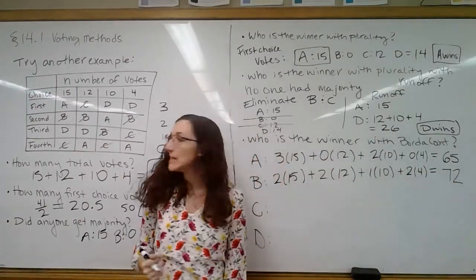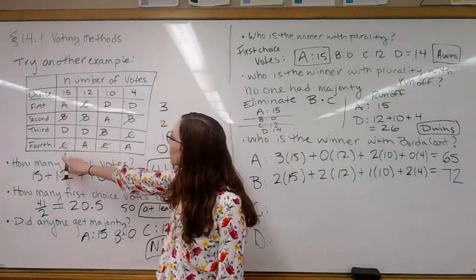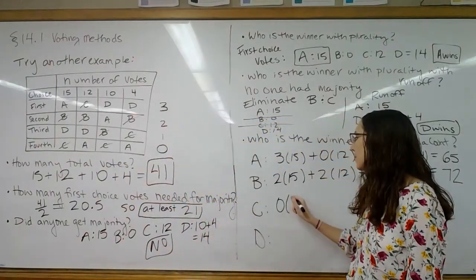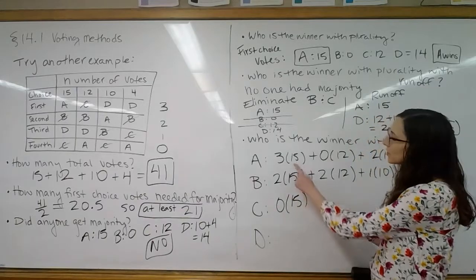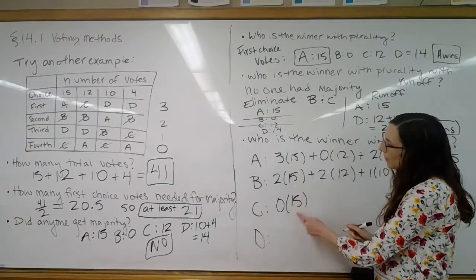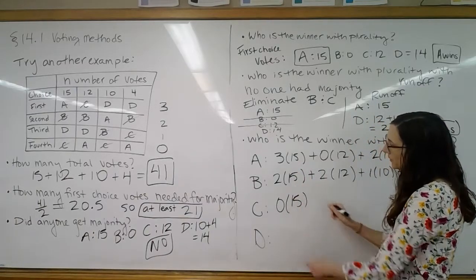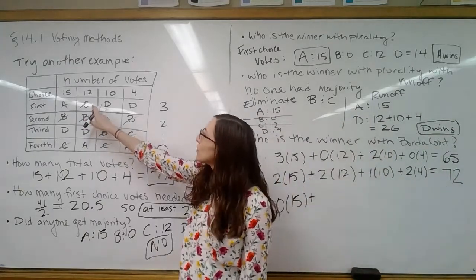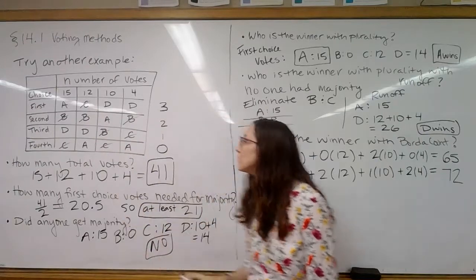Let's track C. C is fourth choice on the first one, so that's 0 points. And remember that was worth 15. Notice we kind of have all the first columns here. It's just going to be some number times 15. And then in the next one, we've got C is first choice, so 3 points times 12.